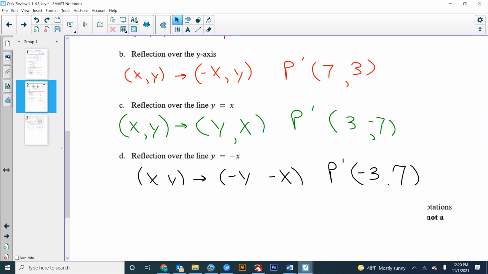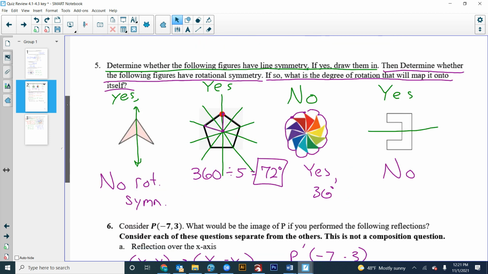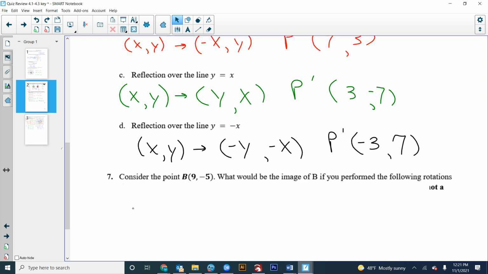Take both of them, make them opposite, trading spaces. All right. So negative 7, 3, make them both opposite, swap spaces. This thing is glitchy. Negative 3, 7 is what I got. Next one. Oh, yeah, that was the last one.